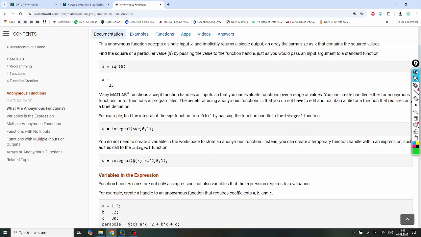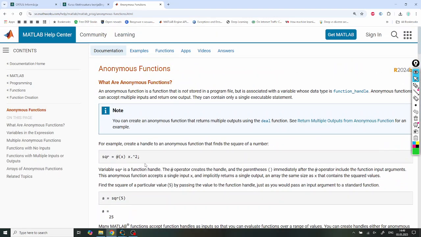Okay, so let's say this one, for example. So they create a function to calculate the square of the signal this way. So you give a function name, let's say sqr. In our case, it's going to be BASK, then equal, then this at symbol with the parameters you are going to specify externally to your function, then you calculate the value.